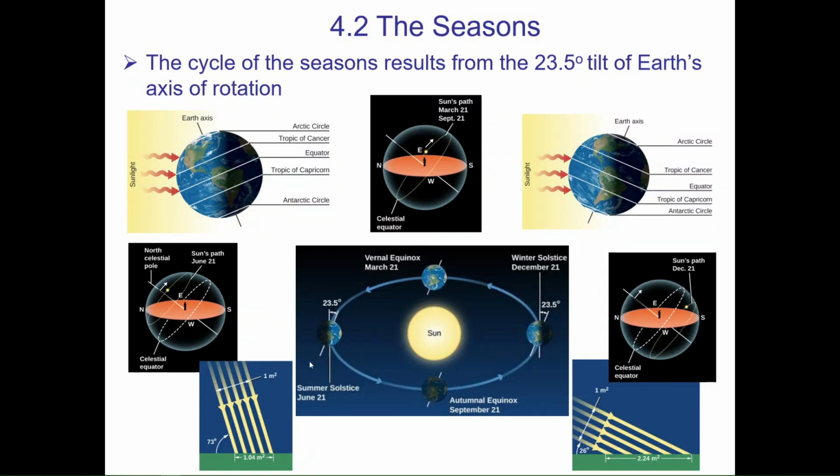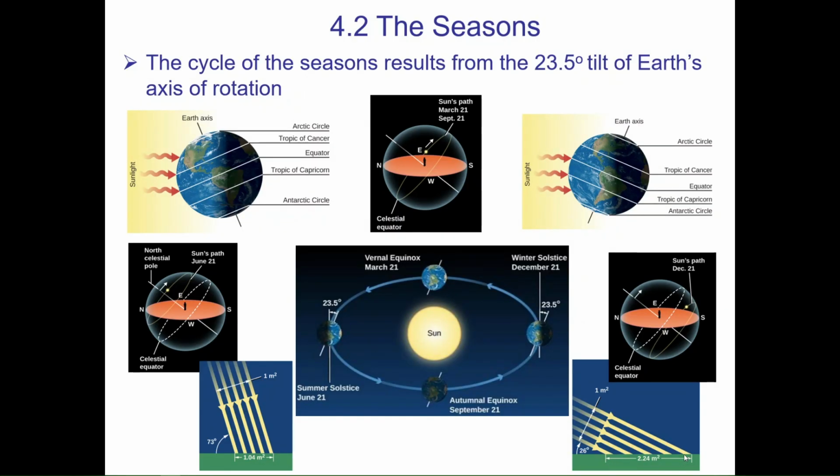And on the opposite side, when the northern hemisphere is in winter, you can see the sunlight shines more directly on the southern hemisphere. So if you look at the northern hemisphere, the angle of the sunlight is pretty small. Therefore, a given area receives less heat from sunlight.